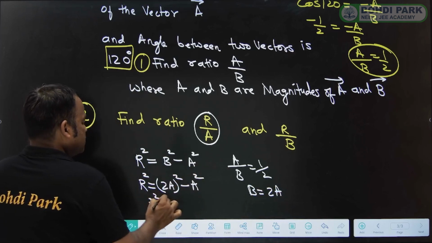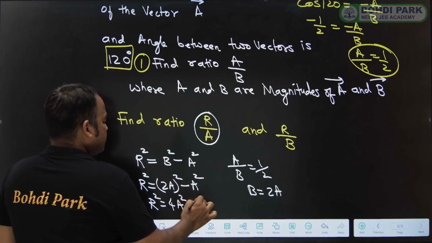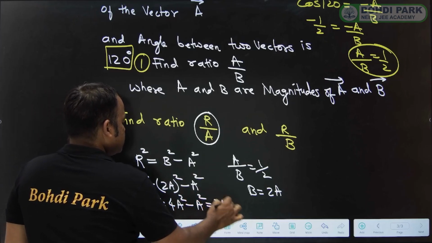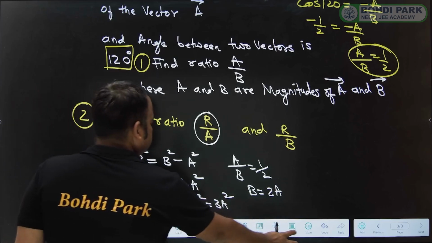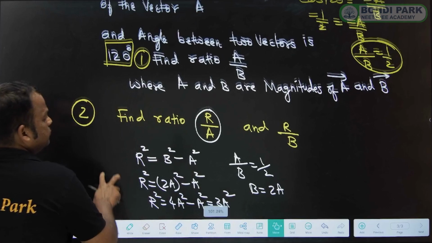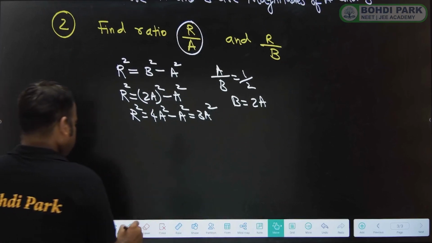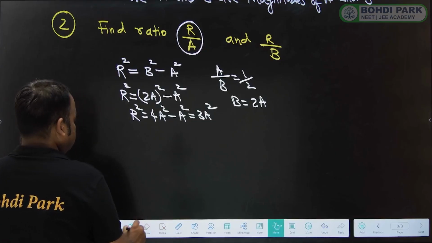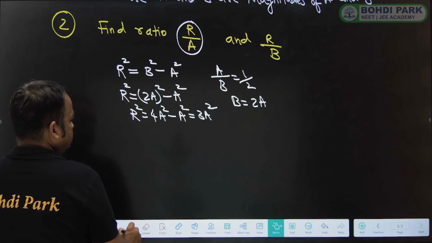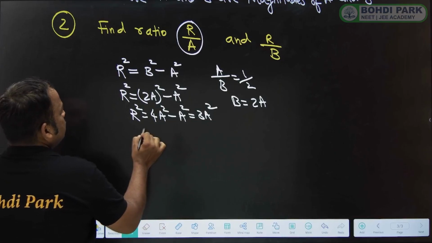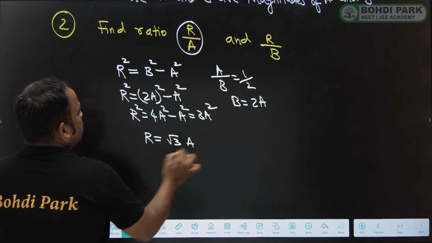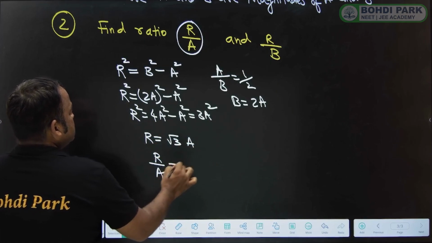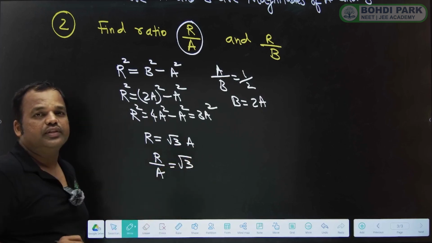So this will be r square is equal to 4a square minus a square. So this is equal to 3a square. So r is equal to root 3 times a. So r by a is equal to root 3.